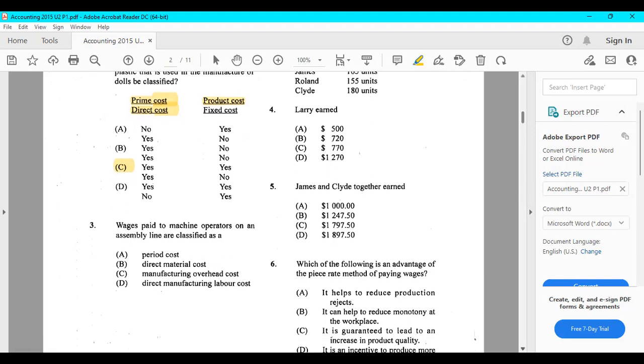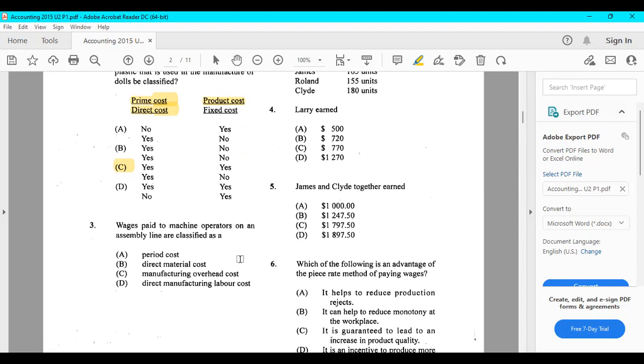All right, number 3. Wages paid to machine operators on an assembly line are classified as. So we're paying wages to the machine operators. They're on the assembly line. So it's definitely not a period cost. No, once it has a relation to do with the plant or the factory, it cannot be a period cost.